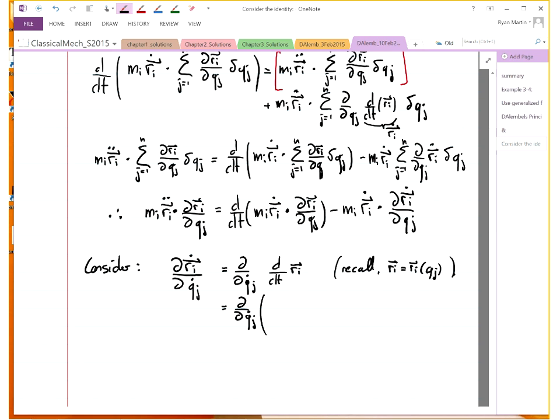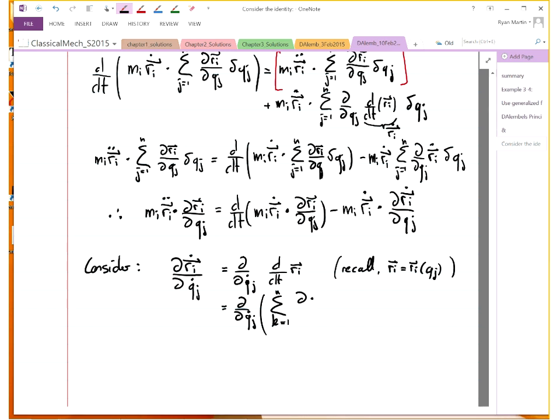So if I do the total derivative of r with respect to t, applying the chain rule, I get the sum from j equals 1 to n of, no, sorry, let's use k instead of j, because we already have a j outside.